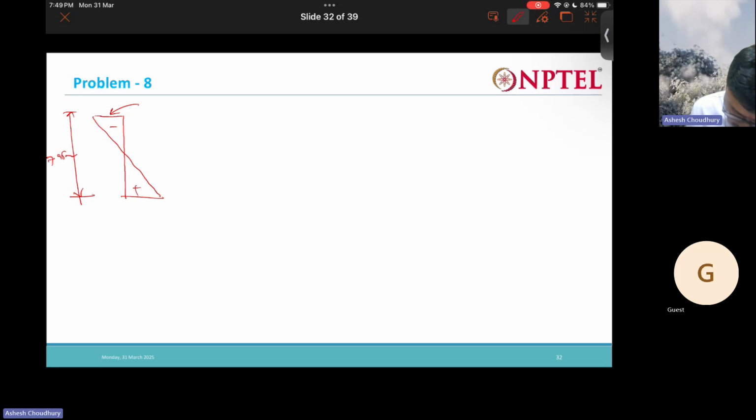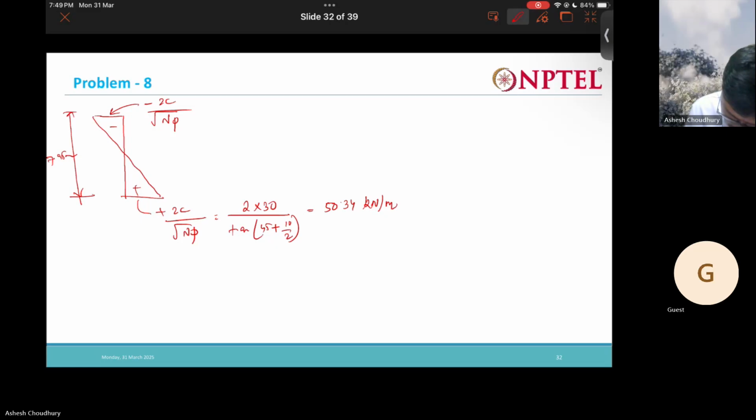Okay, this is minus, plus, so this is minus 2c root Ka. This is plus. This is 2 into 30 by, 10 45 plus, 50.34. Okay.